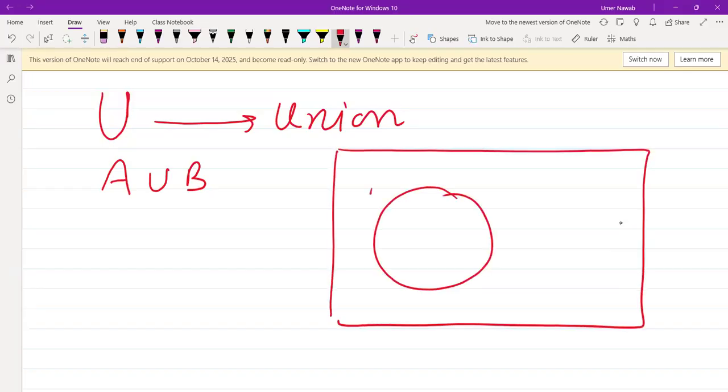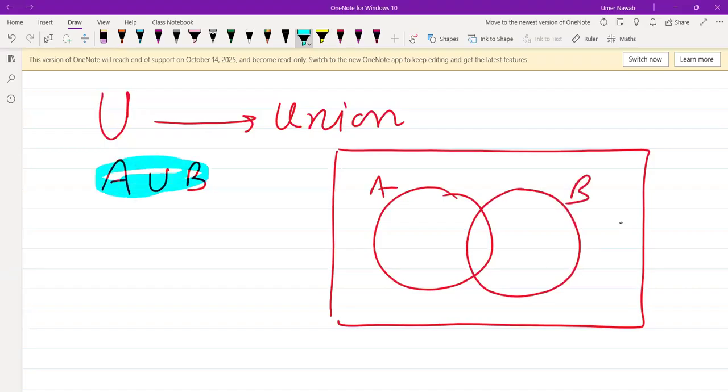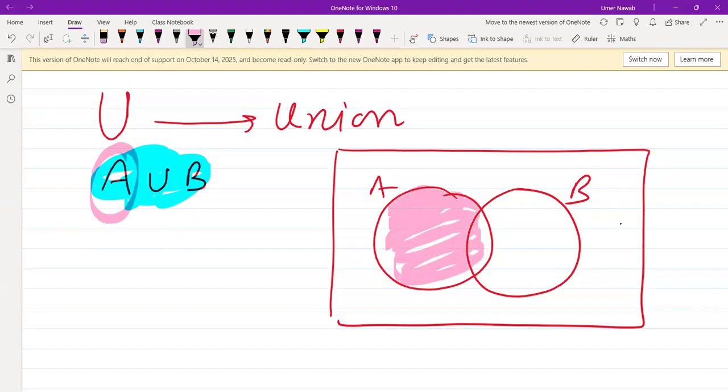I have a circle A, I have a circle B. So from the meaning of union, I have to take complete A, and then I have to take the complete B. It doesn't matter that there is a portion which is common to both sets. When you see the union, it means you have to shade complete A and complete B.